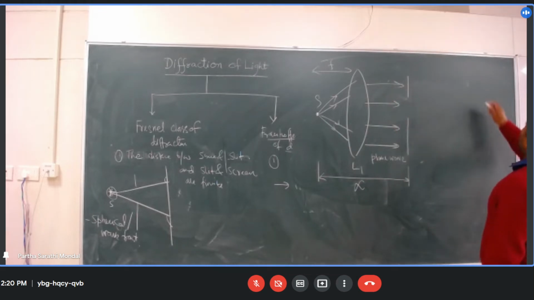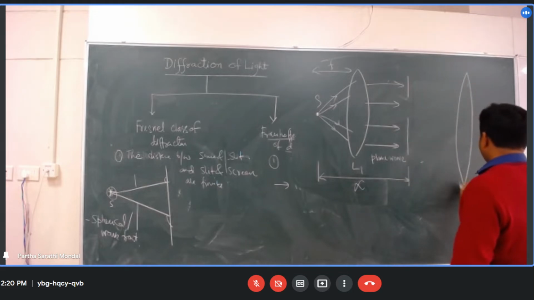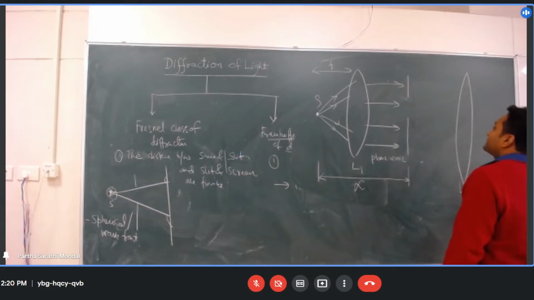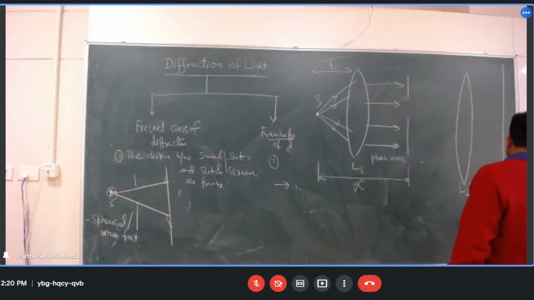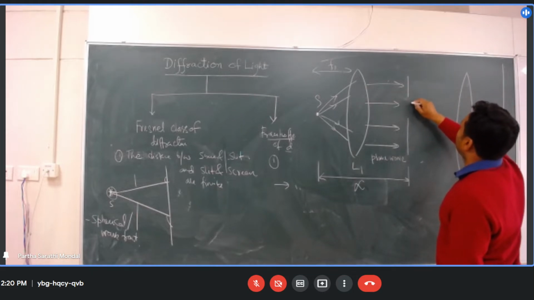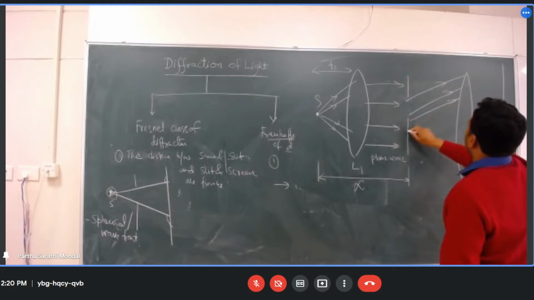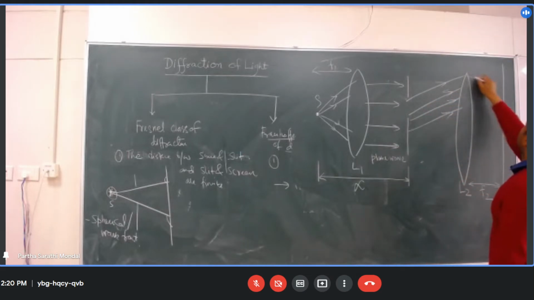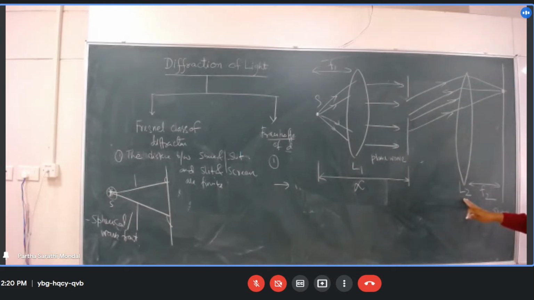Similarly, suppose you put another lens here, with focal length f2, let's say f1 for the first, and you put a screen here. It will receive parallel rays from the slit, and they will converge at the focal plane of the convex lens.